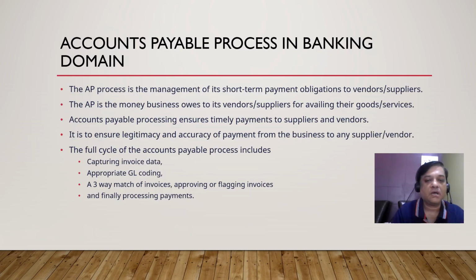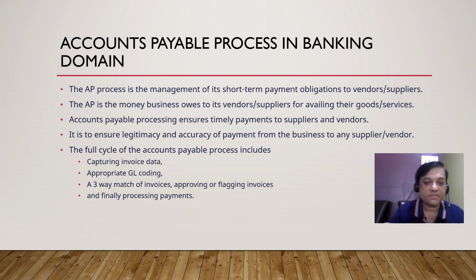So the accounts payable process of a company is the management of its short-term payment obligations to vendors and suppliers. Accounts payable, or AP, is the amount of money that the business owes to its vendors and suppliers for availing their goods and services.